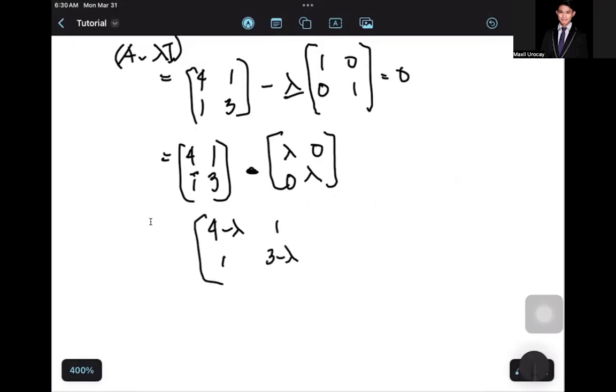That is the answer right now. Next, we have to calculate the determinant of this.